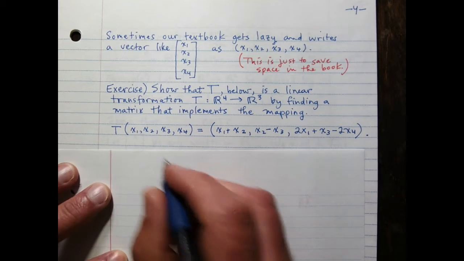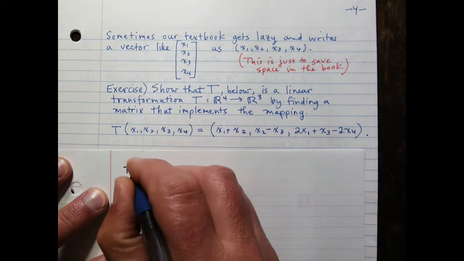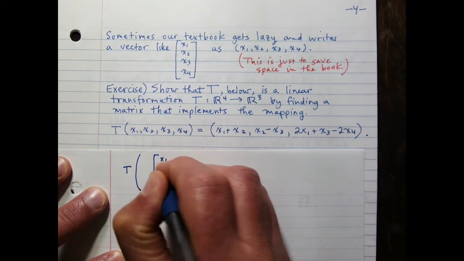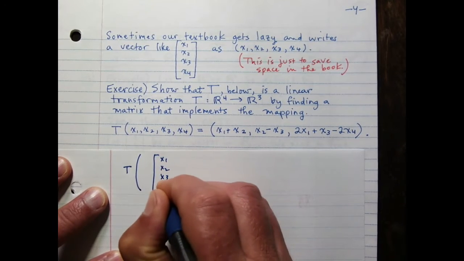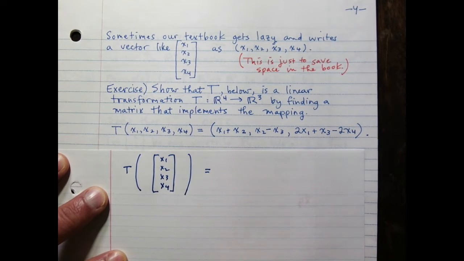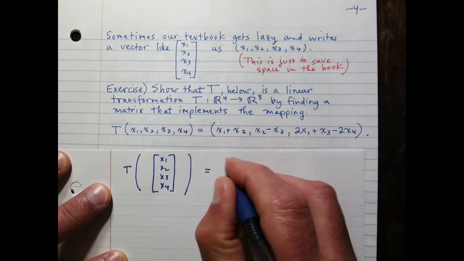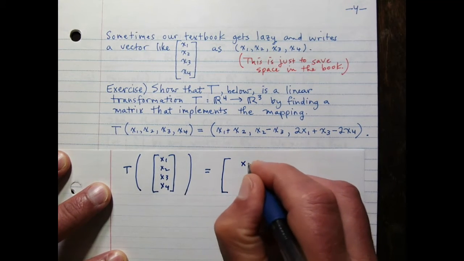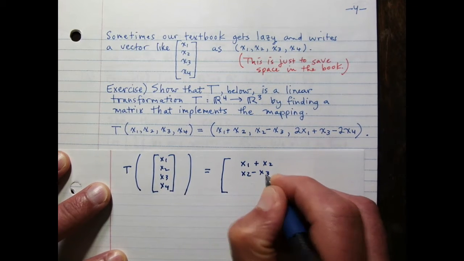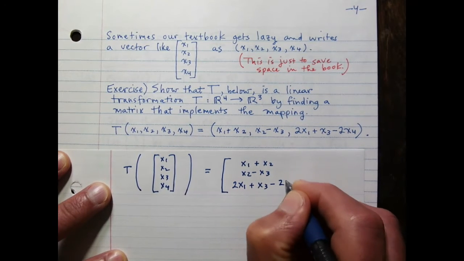Okay, so now I'm going to just recopy parts of this. So what they're saying, T of x1, x2, x3, x4, I would write as this. So we're taking T of a 4-component vector, so a vector in R4, and we're saying the image of that would be a 3-component vector, where the first component is x1 plus x2, the second is x2 minus x3, and the third is 2x1 plus x3 minus 2x4.